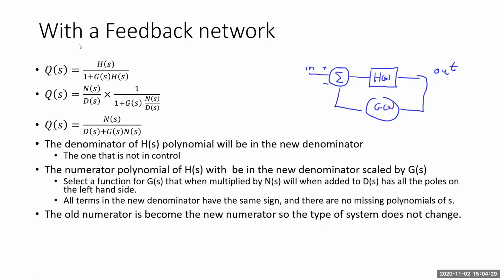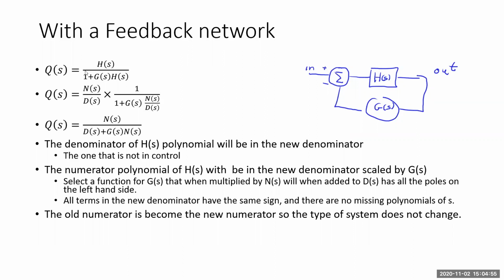Now, what about when we put something into a feedback network? This equation, Q of S, assumes this particular type of feedback network, where you have a summer, the input comes in on the positive side, you have the transfer function of the original system, and then that is fed back through G of S and subtracted.